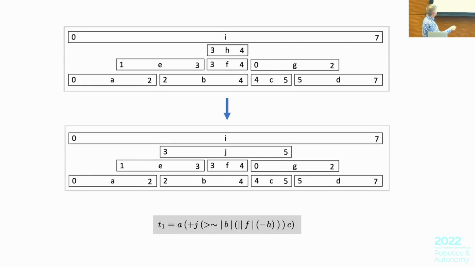This is an expression that expresses this transformation, and it removes this label here, which is gone below, and it adds this, based on some geometrical constraints of the rectangles. What we do is look at how the rectangles are next to each other.